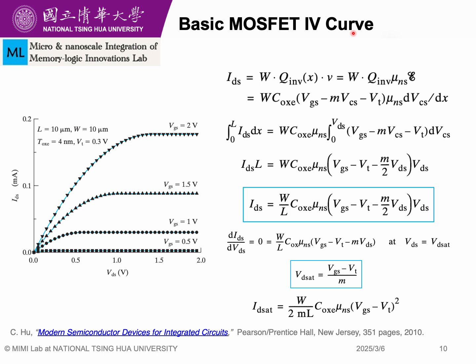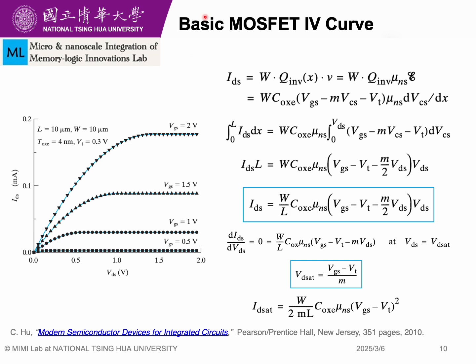To account for this variation, we modify our previous equation of Q inversion by using VGS minus VCS(x), and we also take into account the body effect. This gives us that Q inversion will be COX multiplied by VGS minus VCS minus VT0, and it will also be subtracted by alpha multiplied by VSB plus VCS.